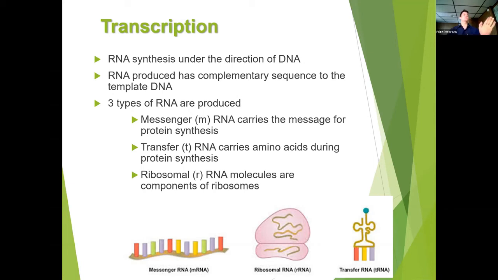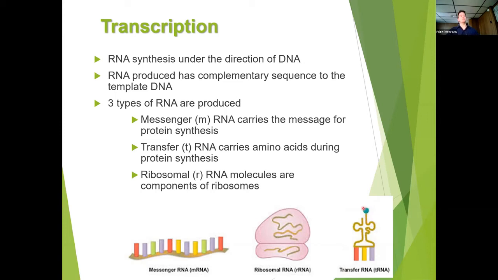And then, as I mentioned, the three types of RNA. Messenger RNA carries the message for protein synthesis. Transfer RNA, which you can see down here on the right, carries amino acids during protein synthesis. Here you can see the nucleotide pairs on it, and where this blue dot is, this is where the amino acid will be attached to the tRNA molecule, so it can transfer these proteins.